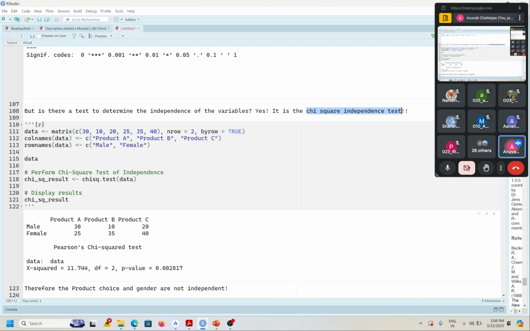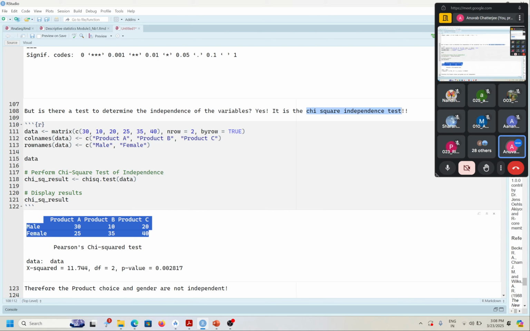So here I have made a list of everything. Say products A, B, C are the three types of face creams, and the number of men and women buying these are given here. So the question is: is there a relationship between the products being bought and the gender of the person buying them?